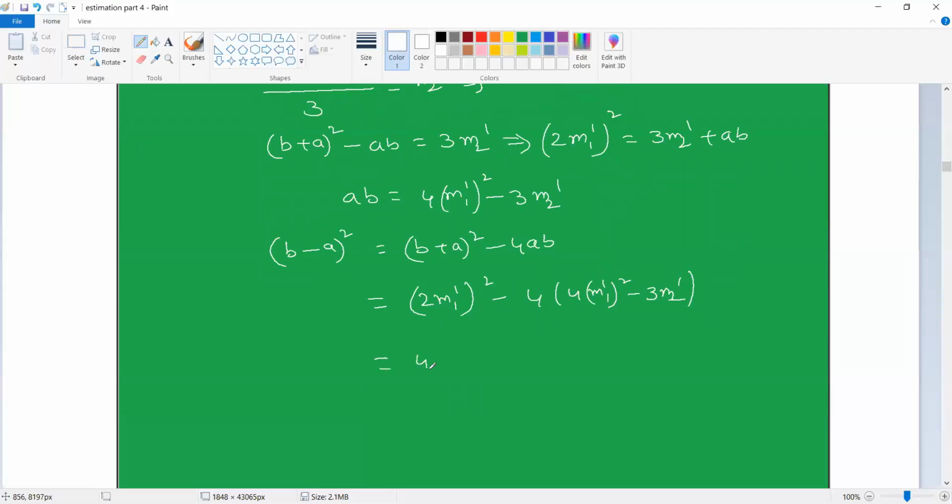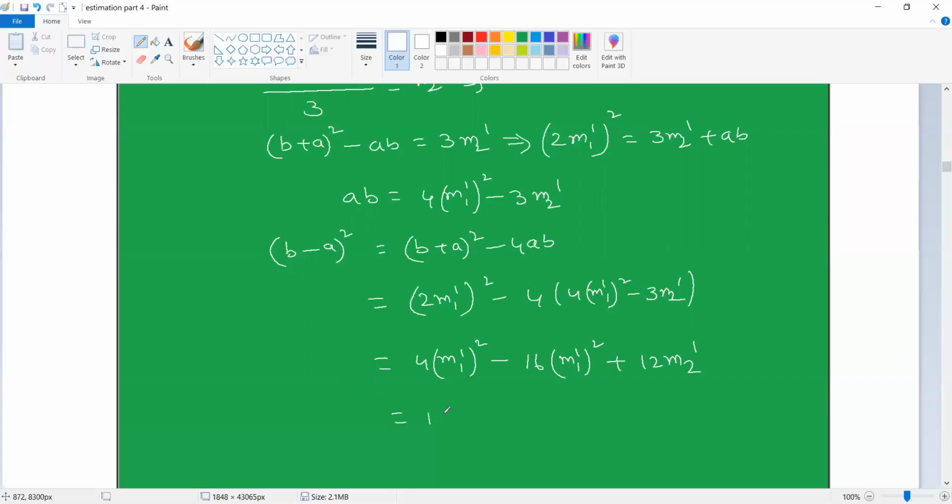That is equal to 4m1 dash square minus 4 fours are 16 m1 dash square plus 12 m2 dash.